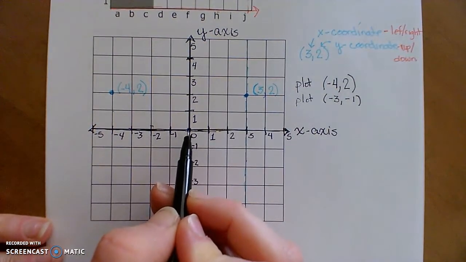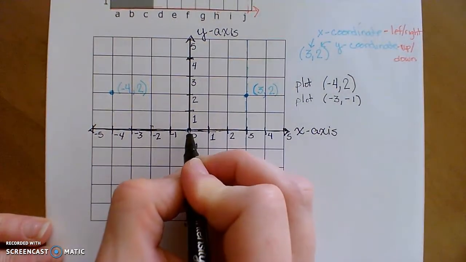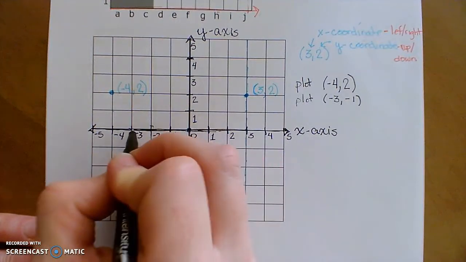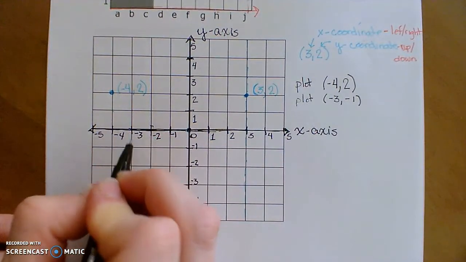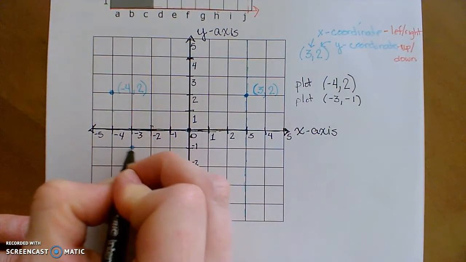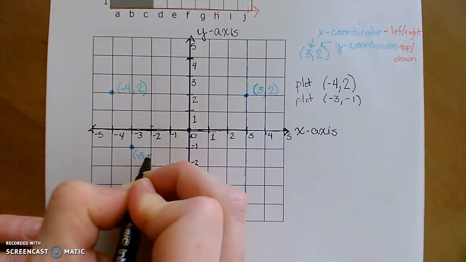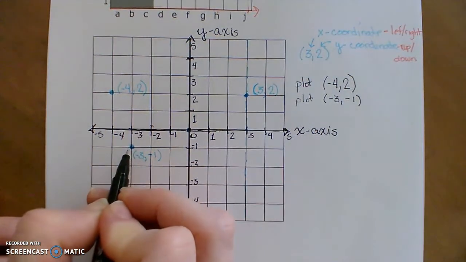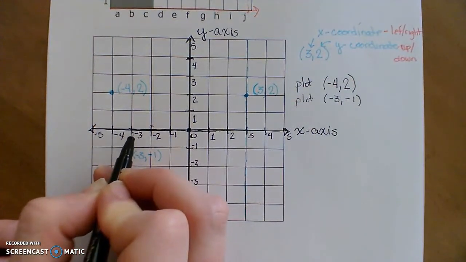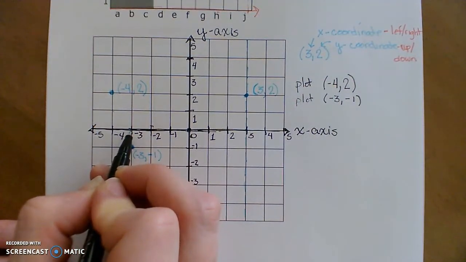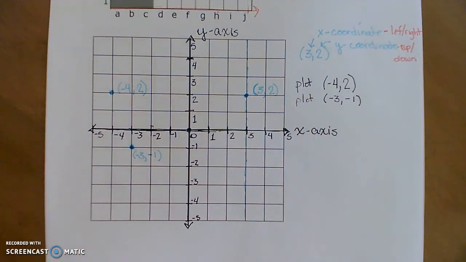So starting in the center, the origin, go 1, 2, 3 units to the left and 1 unit down. Notice at this point, again, the coordinates are -3, -1. If I look at the location of this point on the x-axis, that location is -3.